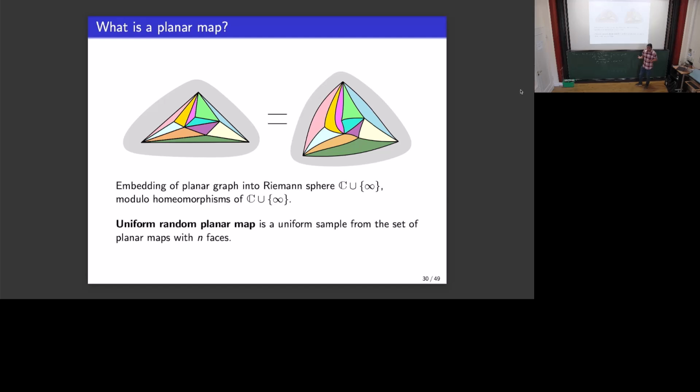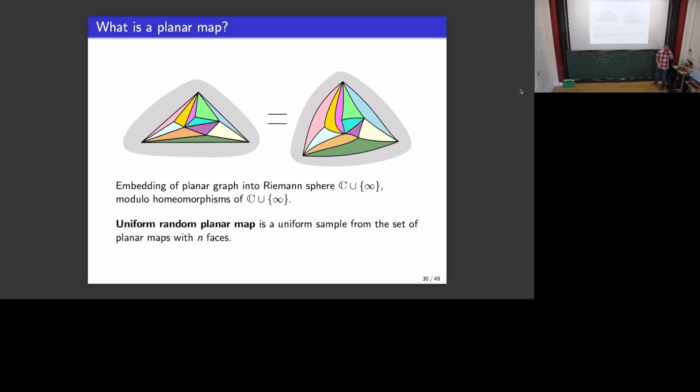Just as how you might draw a graph in two slightly different ways, you don't care about the exact way you draw the graph, in the same way these combinatorial objects we view as being unique only up to homeomorphisms of the Riemann sphere. So this object on the left we identify with this object on the right. That's what we call a planar map. It's just a combinatorial way to arrange triangles with the sphere topology.